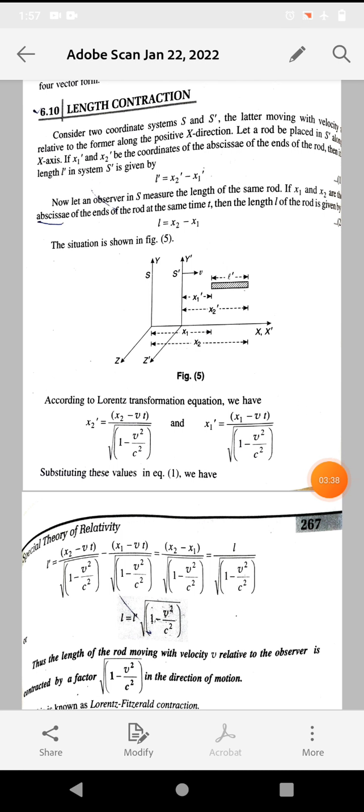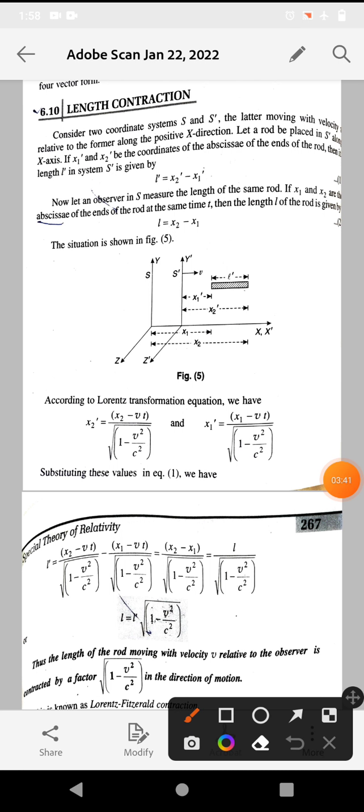We simply say that x and x dash are coincident. This is the S frame, this is the S dash frame. The ends of the rod are x2 dash and x1 dash. The length is the difference x2 dash minus x1 dash, which is the length measured in the S dash frame.